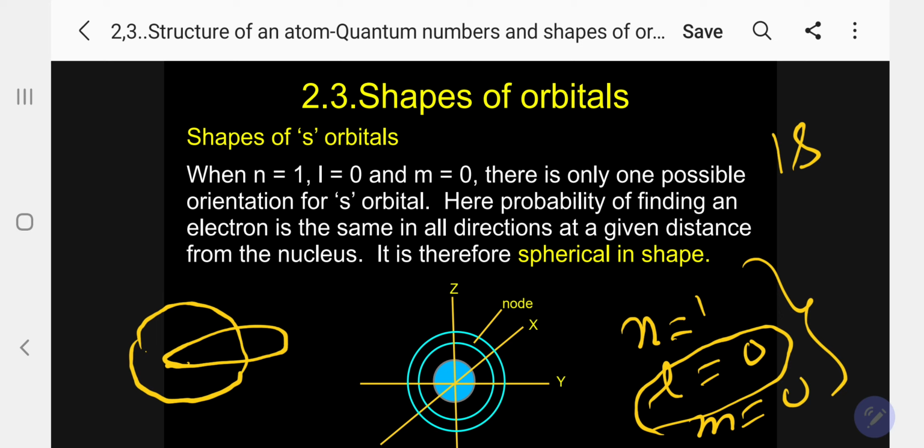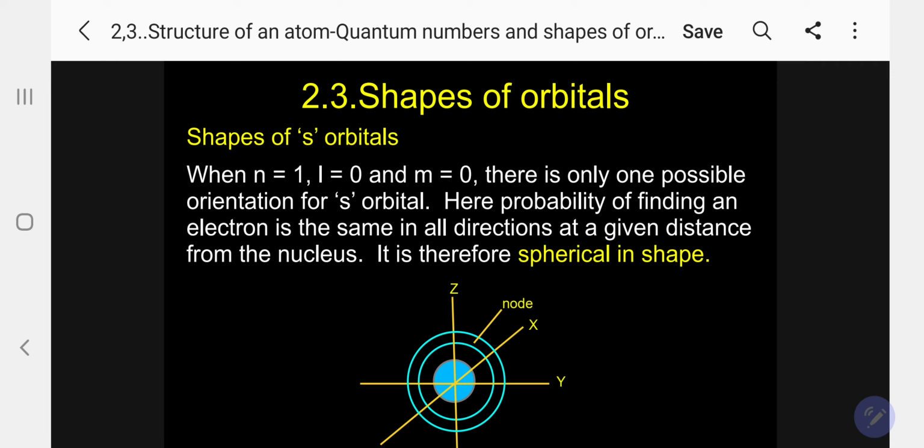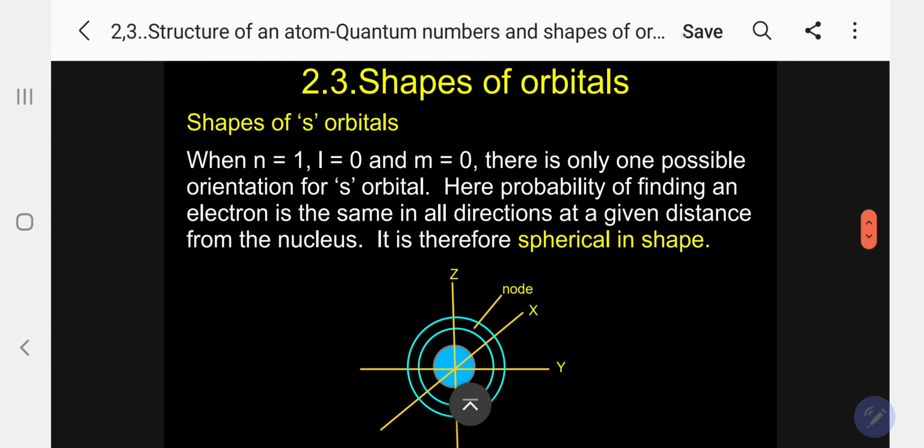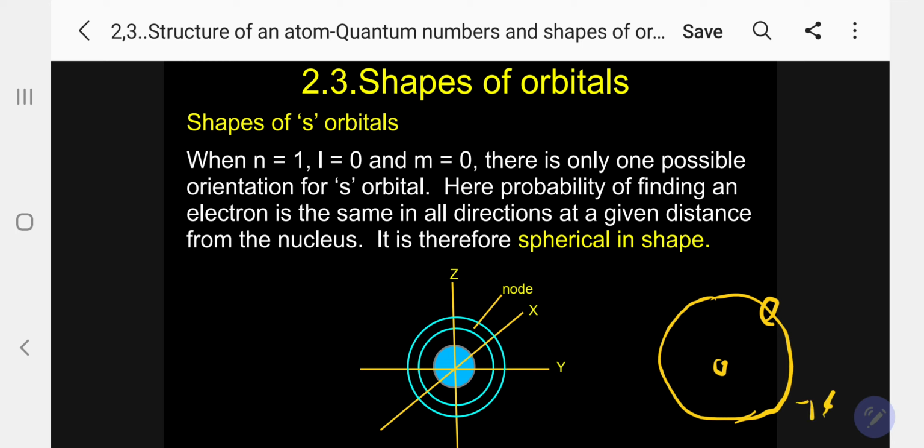So the idea here, kindly follow: n equal to 1, L equal to 0 and M equal to 0, there is only one possible orientation. Only one possible orientation for S orbital. Here, the probability of finding the electron is the same in all directions, because the electron is rotating in a circle around the nucleus, this is 1s.